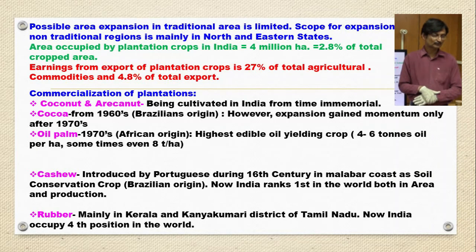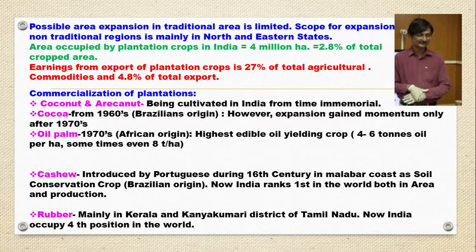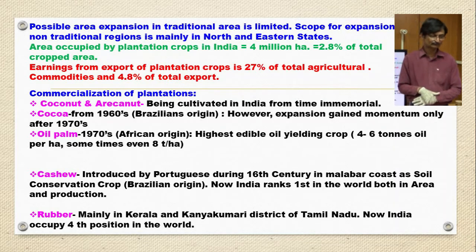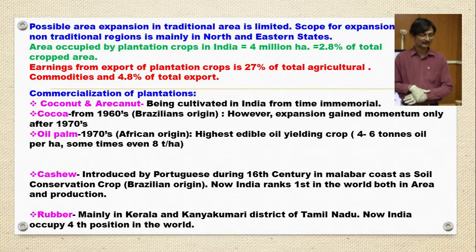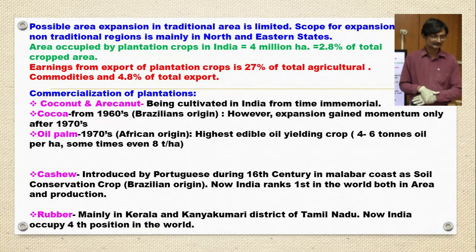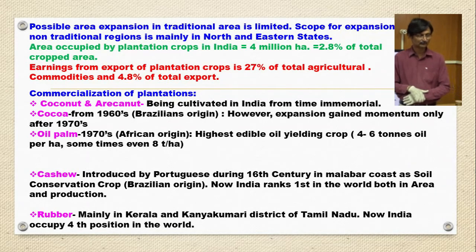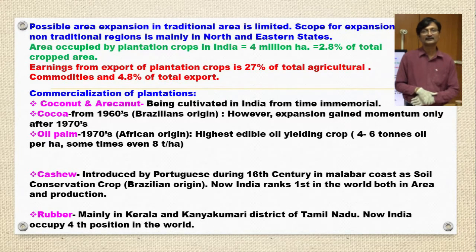Earning from export of plantation crop is 27% of total agricultural commodities and 4.8% of total export. These are the basic statistics. I will provide up-to-date statistics when I deal with each crop. The current data will be provided.